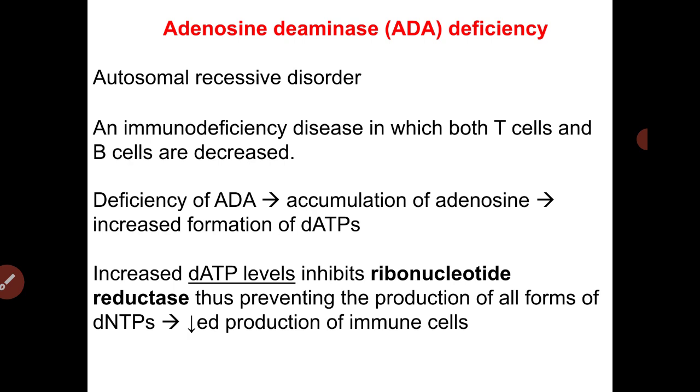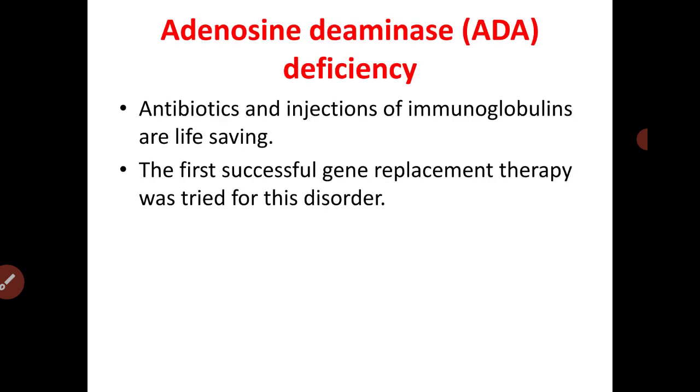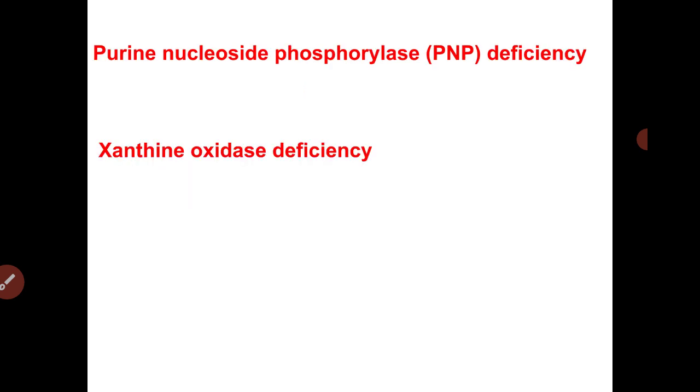Therefore, the production of other nucleotide triphosphates is halted, and this leads to decreased production of immune cells. Antibiotics and injections of immunoglobulins are life-saving to treat this disorder. The first successful gene replacement therapy was tried for this disorder.